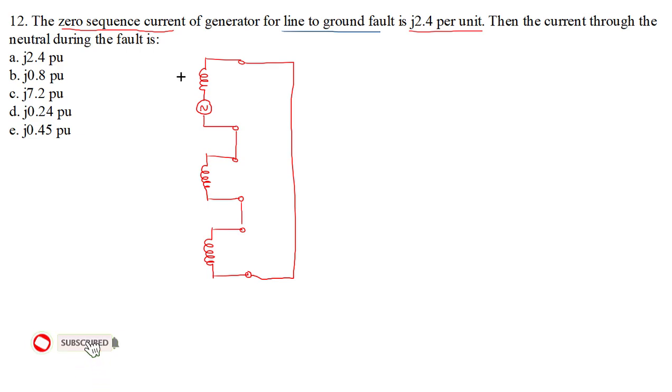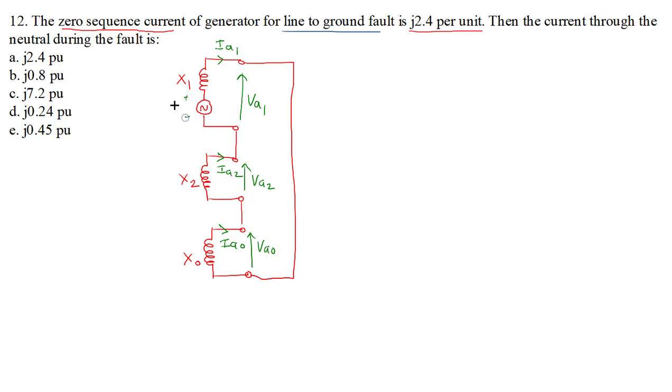So this is the positive sequence reactance X1, negative sequence reactance X2, zero sequence reactance X0. Then the positive sequence current is IA1, the negative sequence current is IA2, and zero sequence current is IA0. The positive sequence voltage is VA1, the negative sequence voltage is VA2, and the zero sequence voltage is VA0.